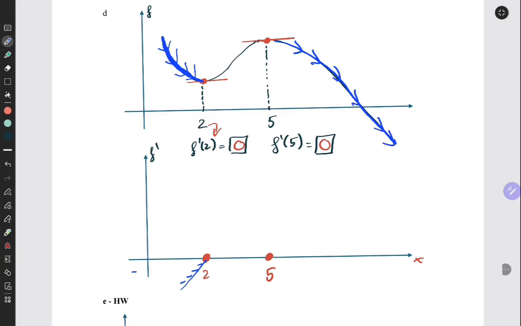Translate that into the derivative. As long as it decreases, it will be negative. You don't care what it looks like in here. Like I said, you're not trying to mimic this. This going down doesn't mean you go down here. You just make sure that it is negative. It stays in the negative. Like that. That's enough. Negative, negative, negative, negative, negative.